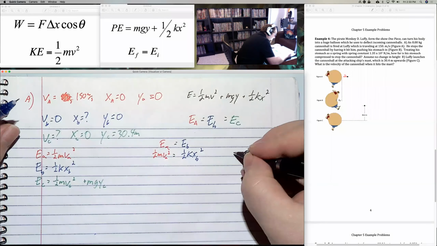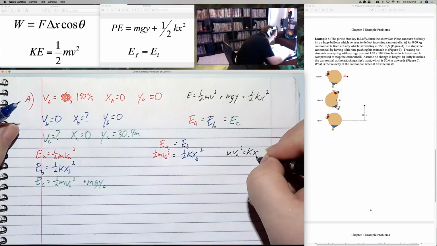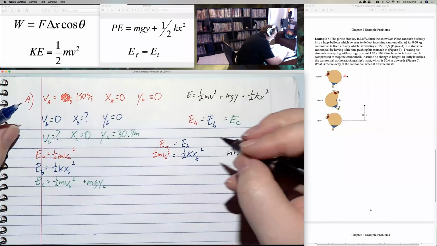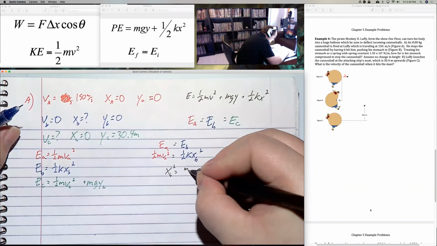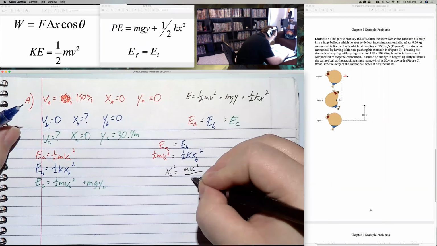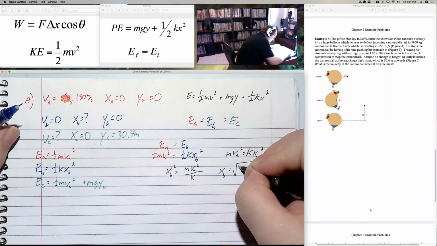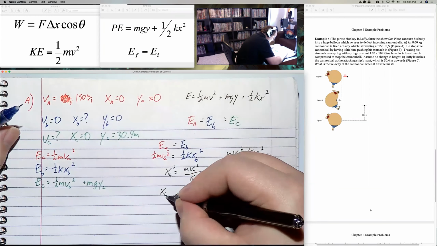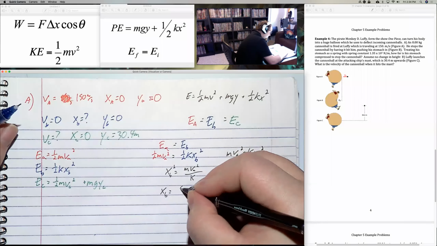I can multiply both sides by 2, divide both sides by k, and square root both sides. Kilograms.